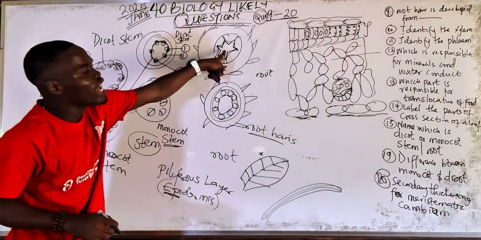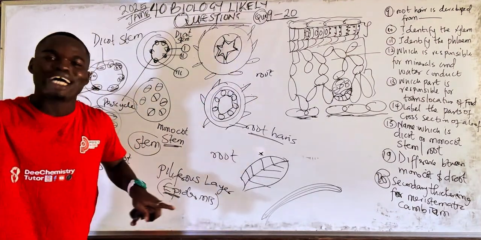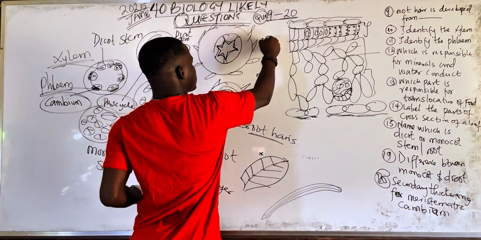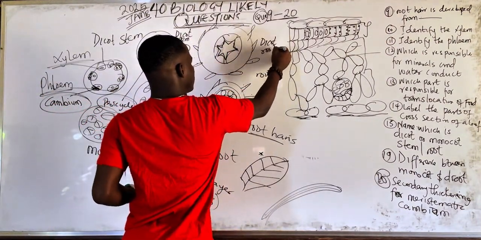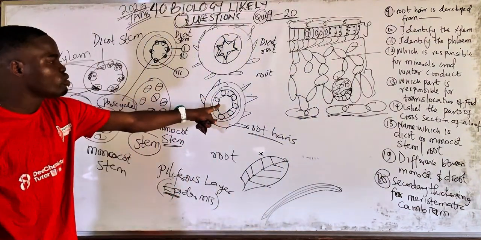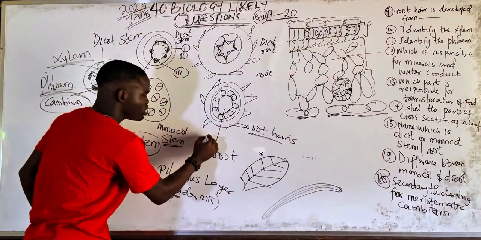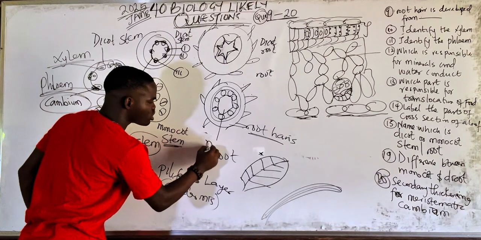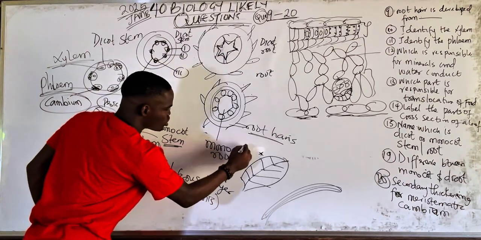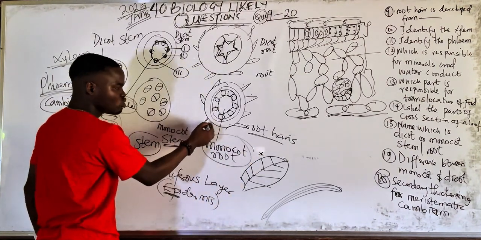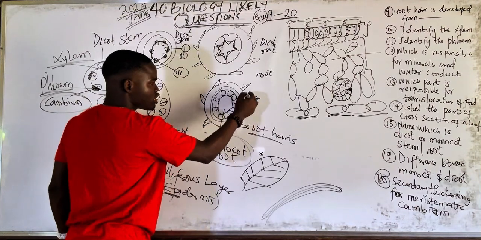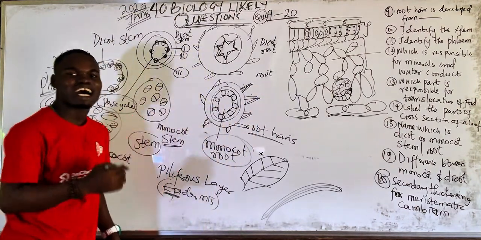Now, because this one has a star, this is the dicot root. Automatically, this other one will be the monocot root.